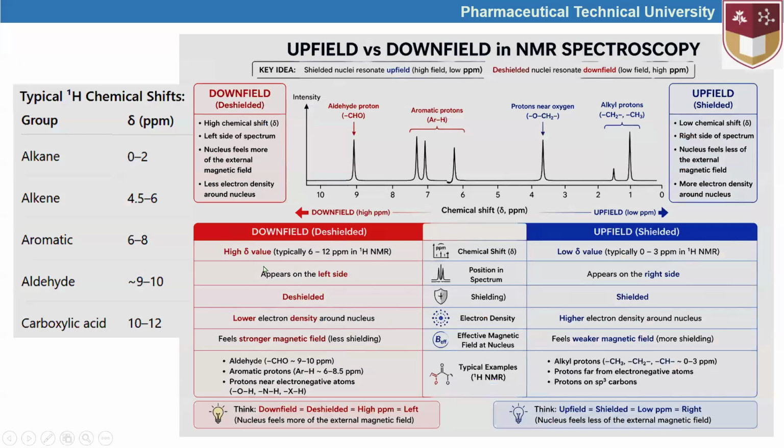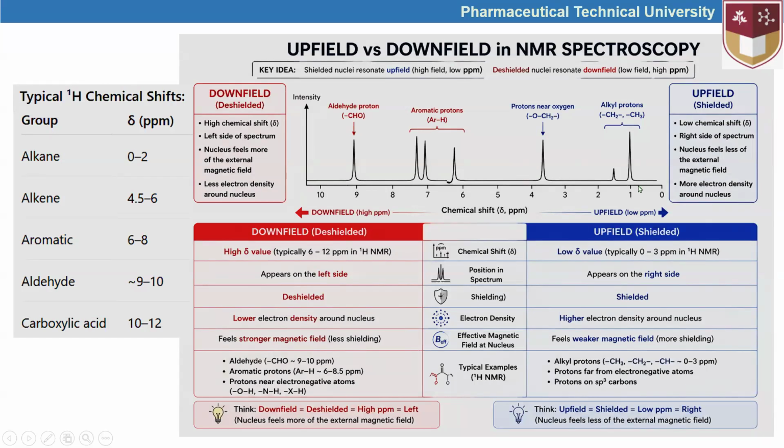frequencies. Okay, there is another point that we have to understand, the terms upfield and downfield in NMR spectroscopy. Downfield is the left hand of the chemical shifts, and upfield belongs to the right hand.